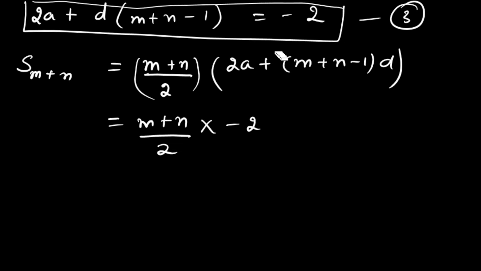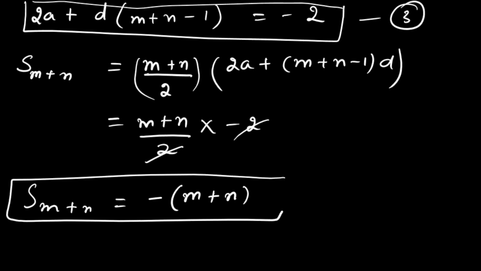From above equation, we can see this part's value is minus 2. So 2 and 2 will get cancelled, and we'll get S m plus n is equal to minus sign, that we can write as minus m plus n. So this is what we had to prove.